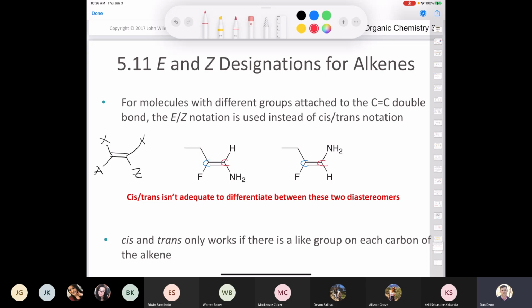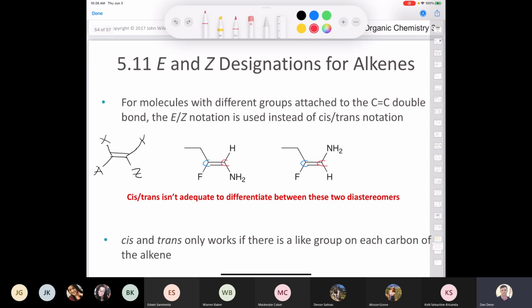If you look at the difference between these two compounds, you see that the carbon in blue, the ethyl group and the fluorines are both on the same sides in both molecules, but you see that the hydrogen and the amine, the NH2 group, on the carbon in red have switched positions. So what's the relationship between these two molecules? They're not enantiomers, but they are stereoisomers, therefore they're diastereomers, right?